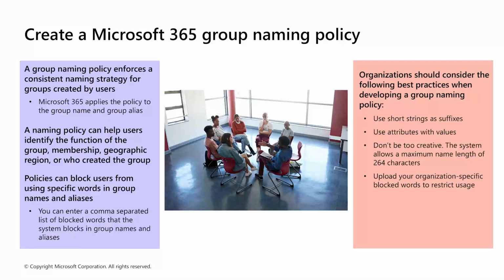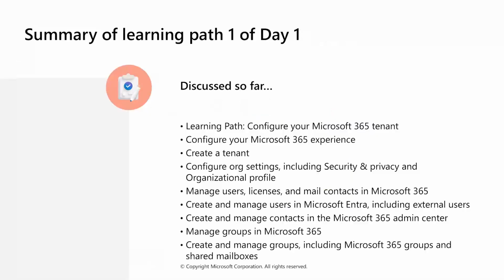Apart from that, this was the end of your learning path one for today. So far, we started with how you configure your Microsoft 365 tenant and experience. How do you create a tenant? Configure organization settings, including security and privacy and organization profile.